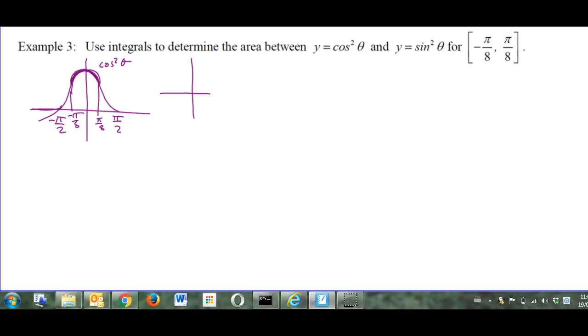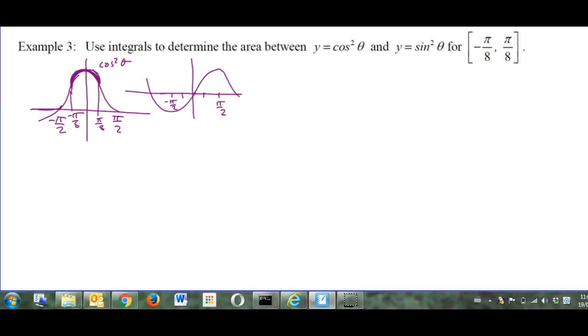Sine theta looks like this and this. So that's pi over 2, that's minus pi over 2. So that's the interval we're interested in. When we square this, the left-hand side is just going to become positive and be the same as this. And those values won't be as high as the cosine values are there.